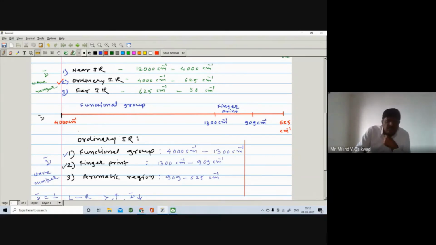So here, the functional group region gives the information about the functional group, and the fingerprint region gives information for sample comparison. So it is used for the sample comparison.